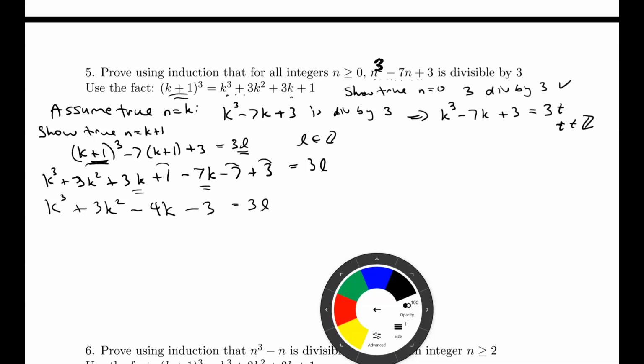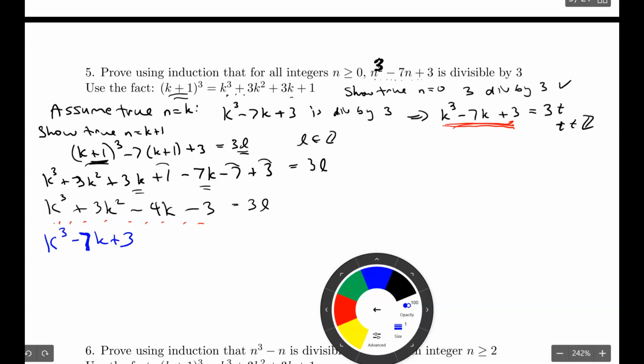Now this is where you need to remember that you have to use this inductive step, right? You have to use this assume step. So I need to find this in here. Let me put it in blue here, a little easier to read. k cubed minus 7k plus 3.